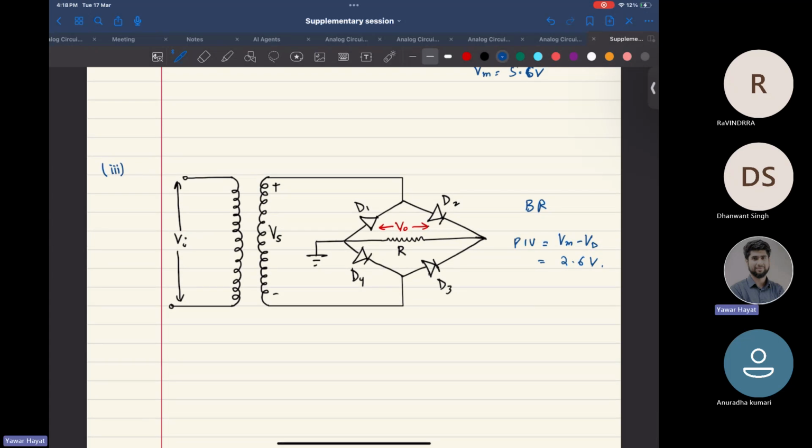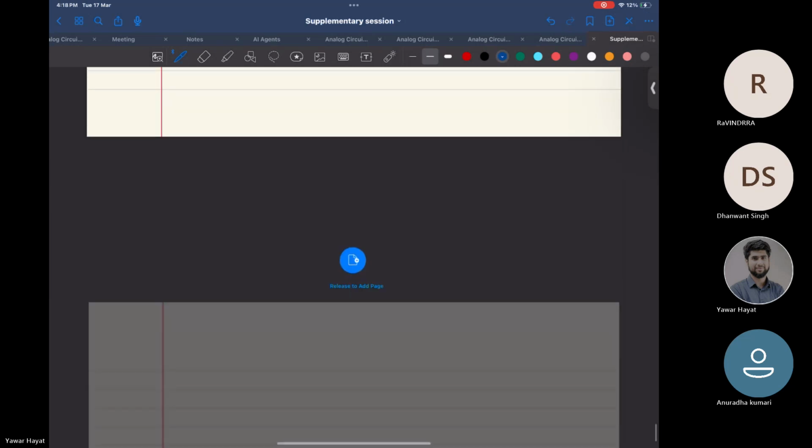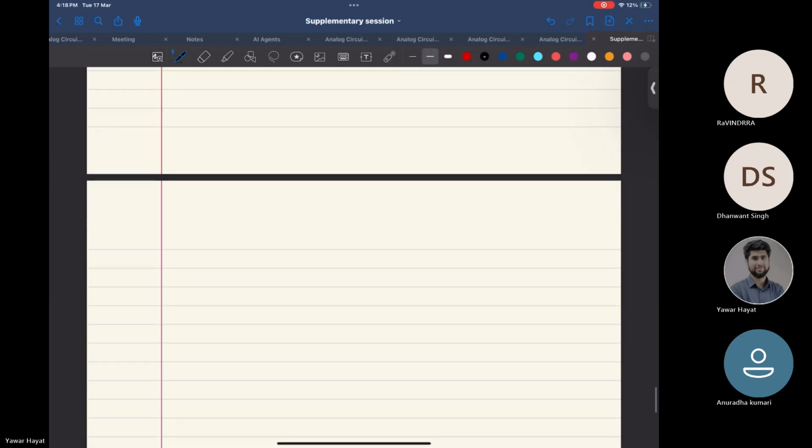Now question 6. For the circuit that is shown below, you need to find the output voltage V naught for values of Vi.